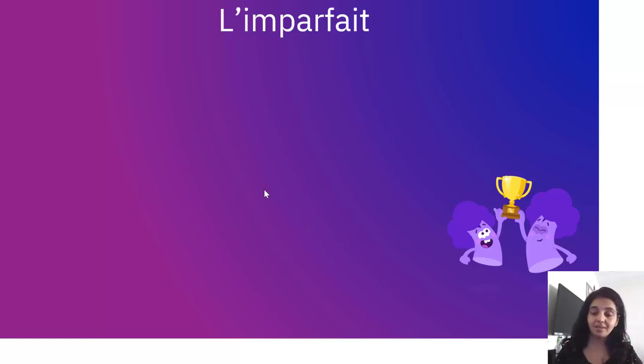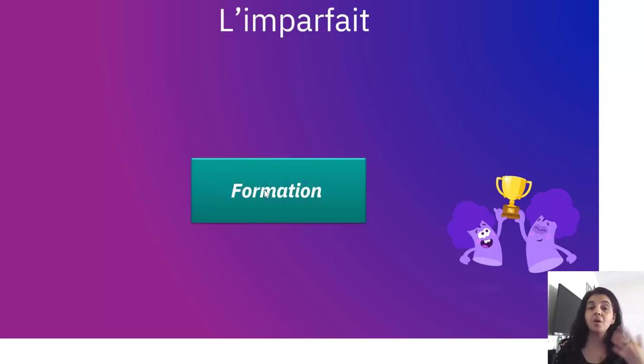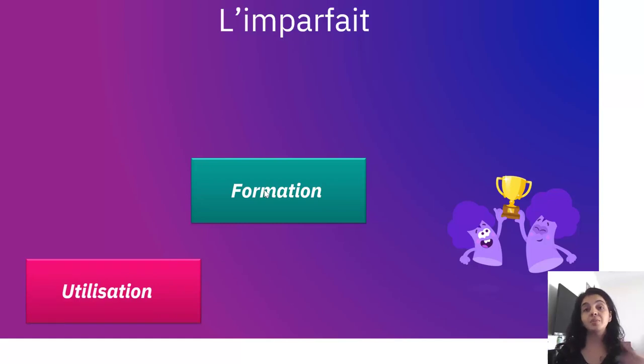So there are three things that I'll be covering for you all today. Formation de l'imparfait. How do we form the tense? Utilisation. How are we going to use it? Because that's more important for any verb, for any word for that matter, and in grammar. First thing is to understand what that is, and the second thing is to be able to use it correctly.